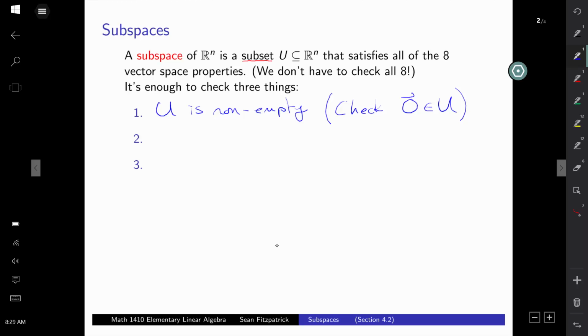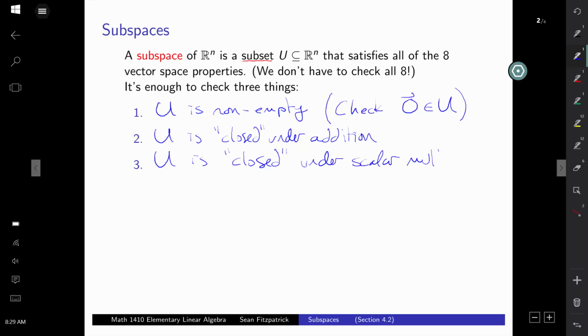The next one is that U is so-called closed under addition, and U is closed under scalar multiplication.